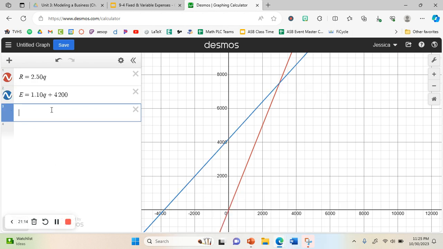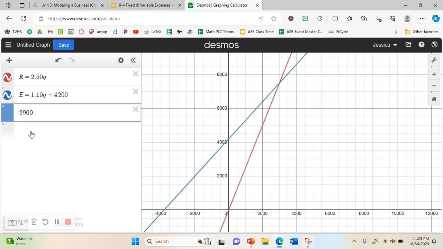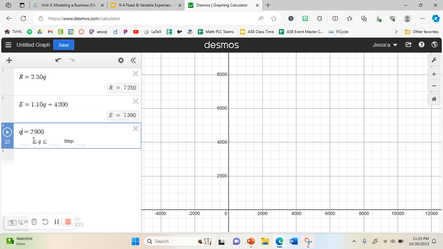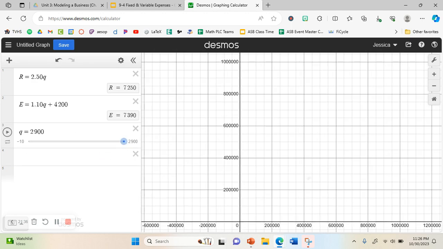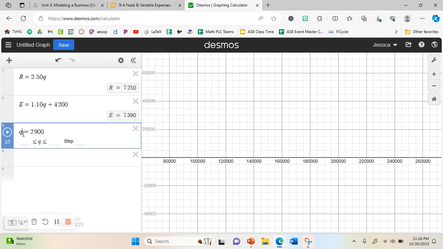I'm interested when my quantity is equal to 2,900, which I know is less. When X is 2,900, that's my x-axis, but Desmos knows what Q is in my equation, but doesn't know it when I'm zoomed into the graph, which is a little annoying.